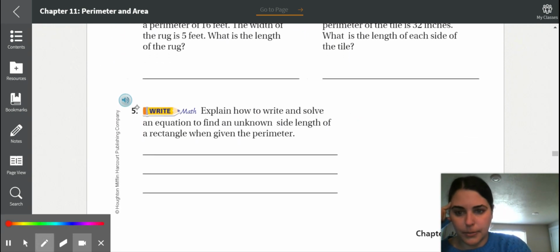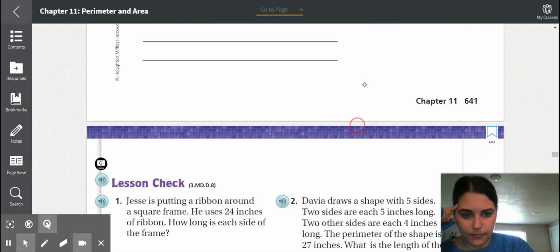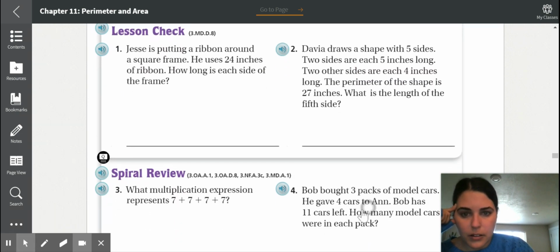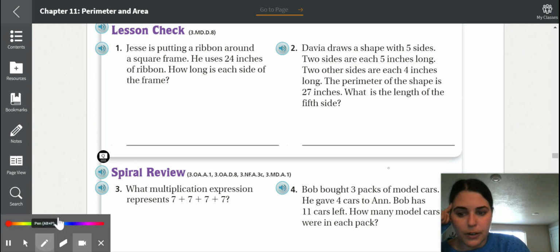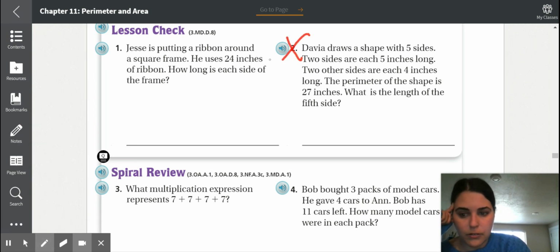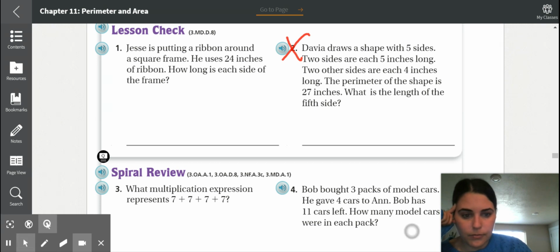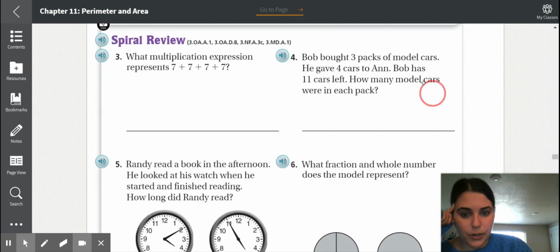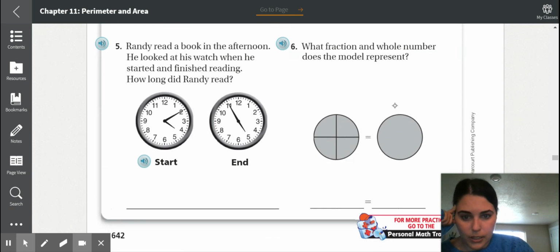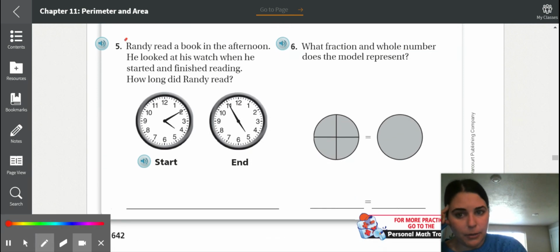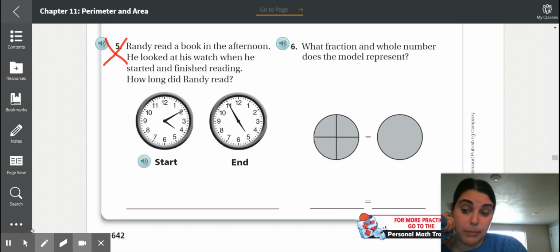You don't need to do number 5. You can do number 1. Don't worry about number 2. And you can do 3 and 4. You don't worry about number 5. Number 5 comes from chapter 10. We'll get back to that.